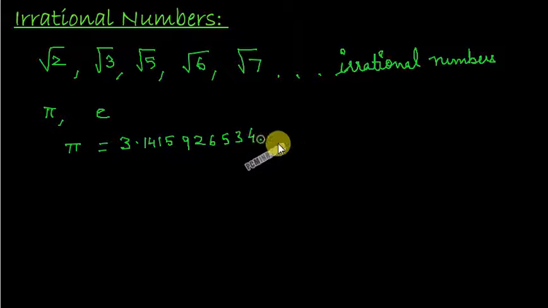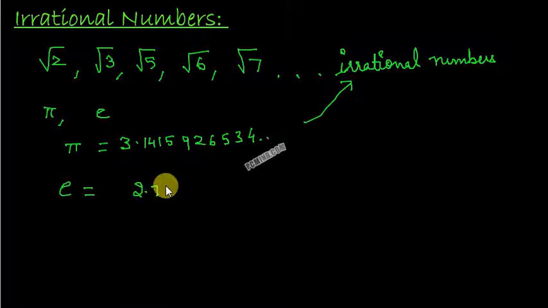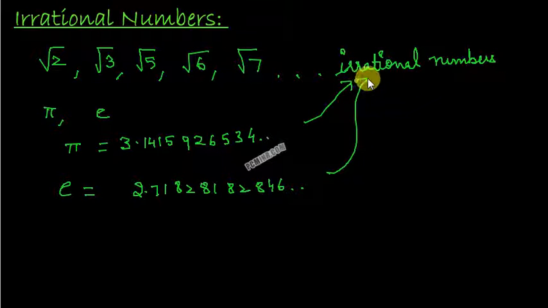It goes on infinitely, and it's a non-terminating and non-repeating decimal, so this would be an irrational number. Similarly, the value of e is 2.71828182846, and you continue. It's again a non-terminating and non-repeating decimal, so this will also be an irrational number.